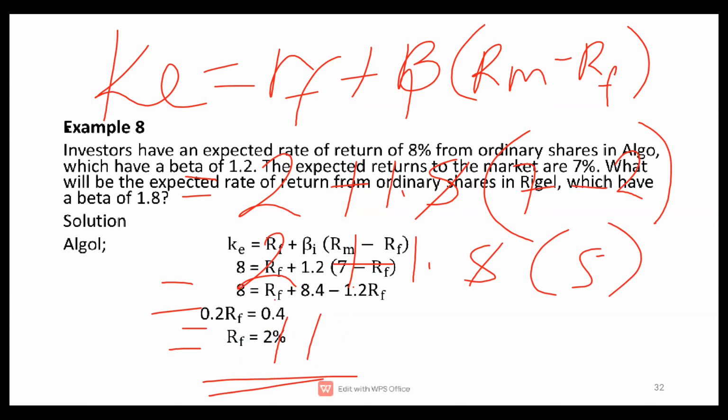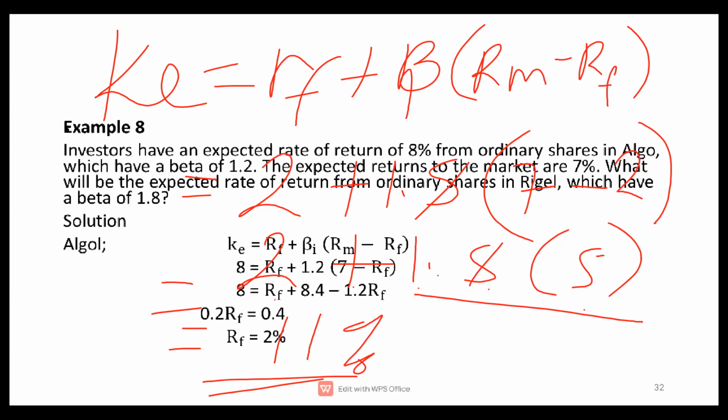So you say 2 plus 1.8 times 5. Should we be able to get 11%, isn't it? As the cost of equity or the expected rate of return from ordinary shares, it's just the same thing I said last time, and I'm still saying.